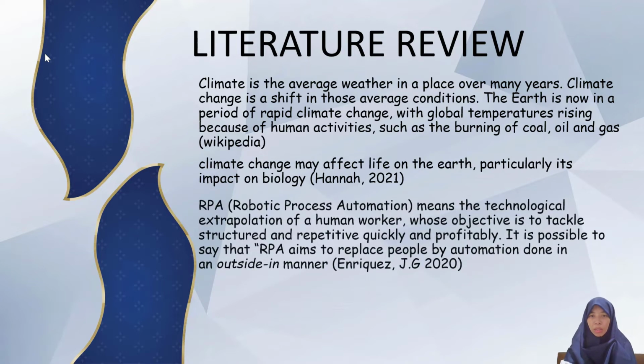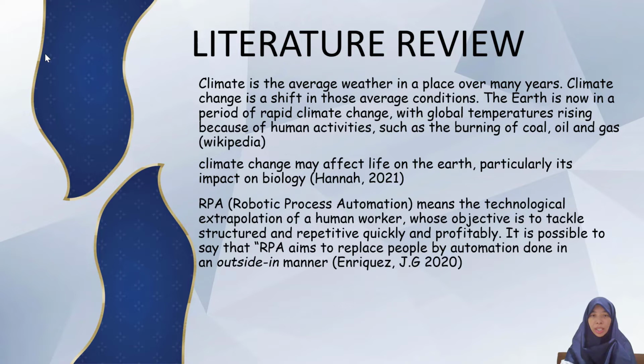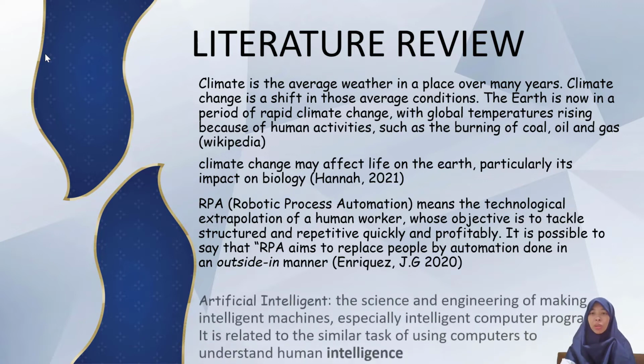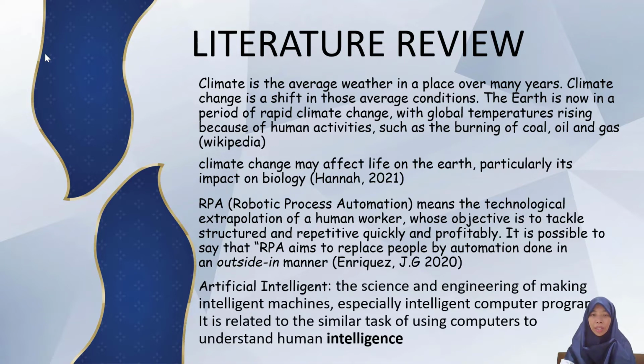RPA, robotic process automation, means the technological extrapolation of the human worker, whose objective is to tackle structured and repetitive tasks quickly and profitably. It is possible to say that RPA aims to replace people by automation. Artificial intelligence is the science and engineering of making intelligent machines, especially intelligent computer programs. It is related to the similar task of using computers to understand human intelligence.